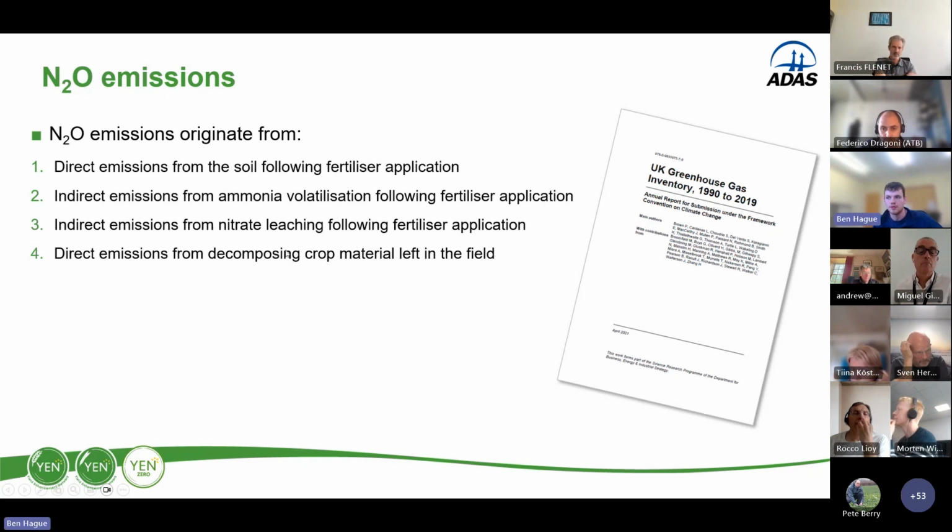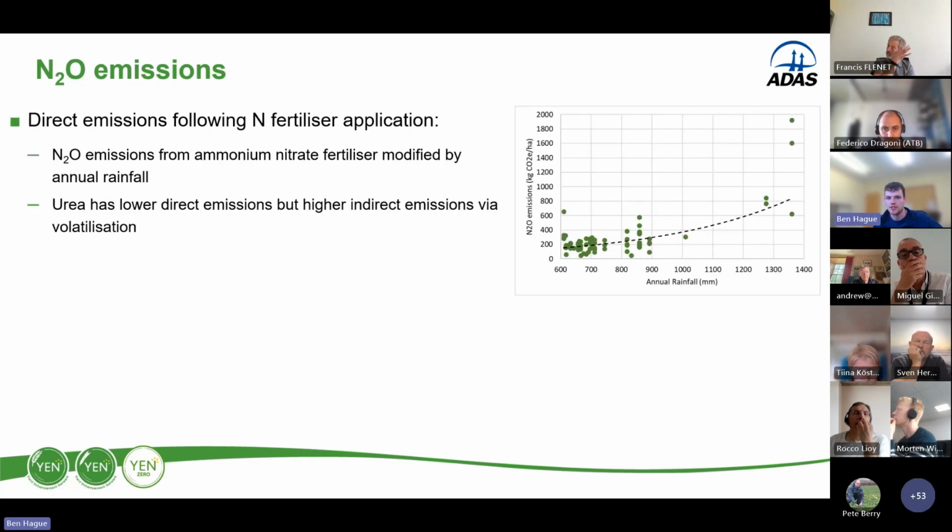There are also a couple of other considerations we have to make when determining nitrous oxide emissions. One example of this is annual rainfall. We know that nitrous oxide emissions from ammonium nitrate fertilizer are positively correlated with annual rainfall. So the more rainfall, the more nitrous oxide emissions. Similarly, urea has lower direct emissions, but higher indirect emissions via volatilization than ammonium nitrate fertilizer.